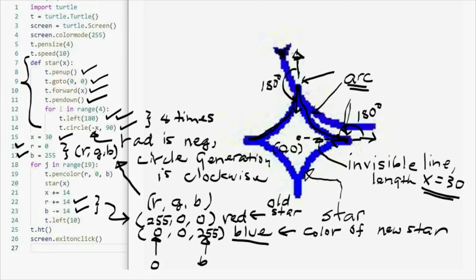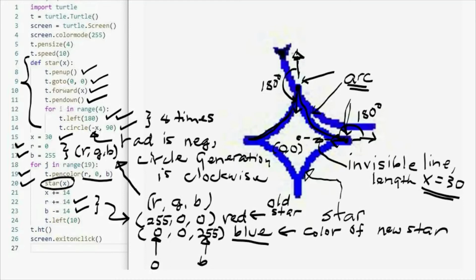And note that before I draw the star, command number 19, I will first specify what my R, G, and B are. So initially it's red 0, blue 255, and then after drawing the star, command 20, we are invoking the function star x, which is this one here.